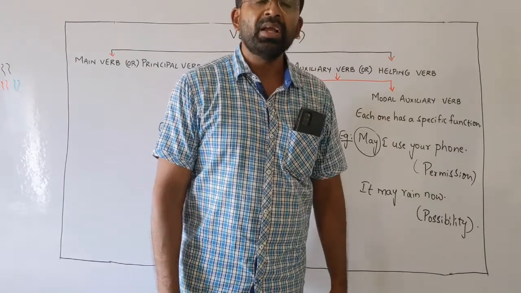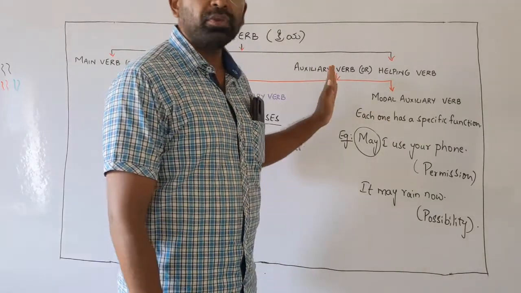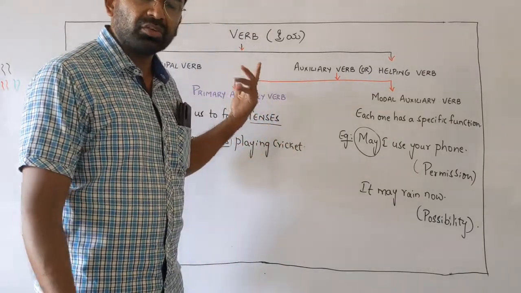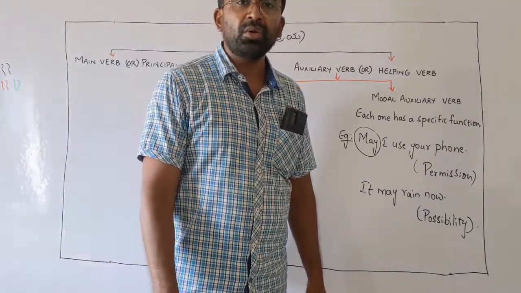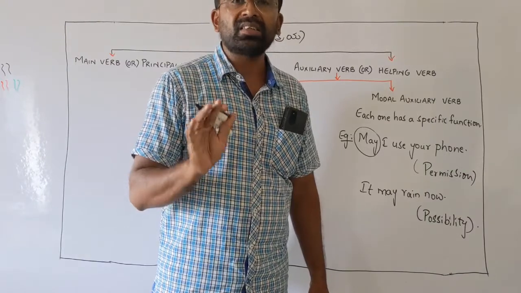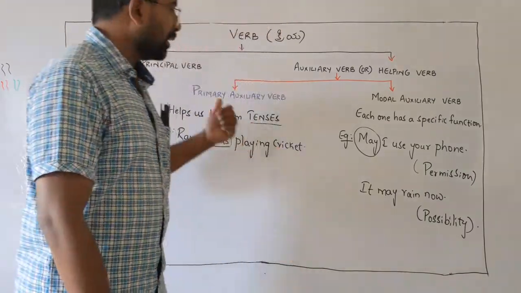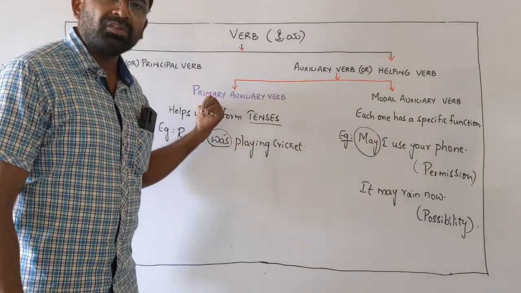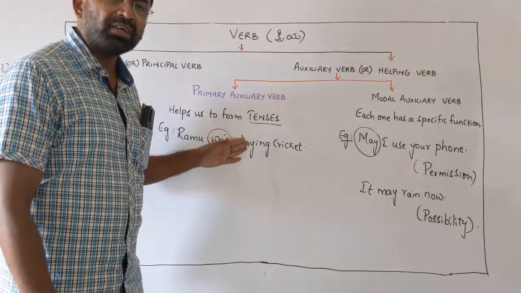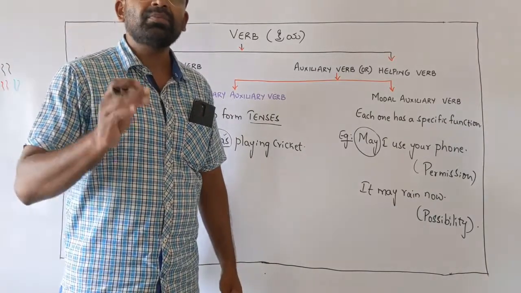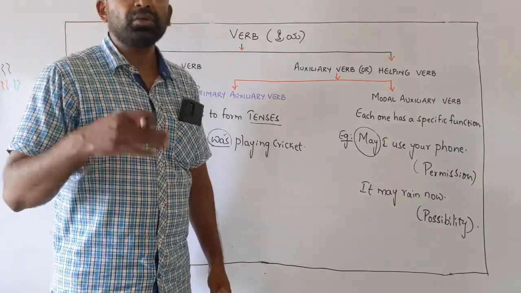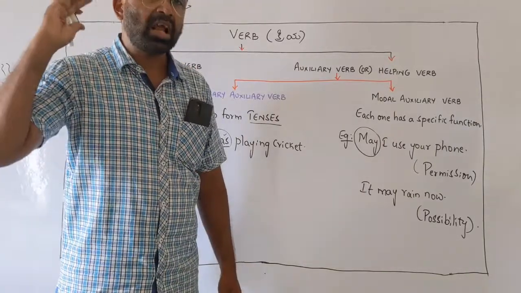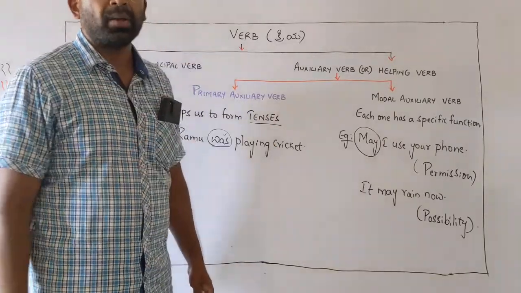I am going to make detailed videos of the usage of each and every modal auxiliary verb and also the tenses, of course. This video is to help you understand the difference between the primary auxiliary verb and the modal auxiliary verb. I repeat, the primary auxiliary verb helps us to form tenses, or indirectly helps us to tell when the action has happened: is it happening now, has it happened, or is it going to happen?